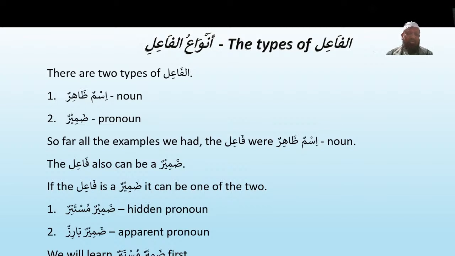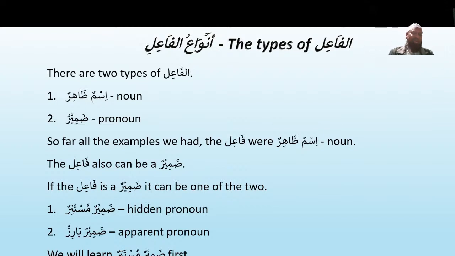So damir mustatir, if it's a fa'il, is hidden, not apparent, not visible in the sentence. But damir bariz is apparent, visible, you can see it. We will learn damirun mustatirun first. In the coming lesson, we'll be learning the second one, damirun barizun.